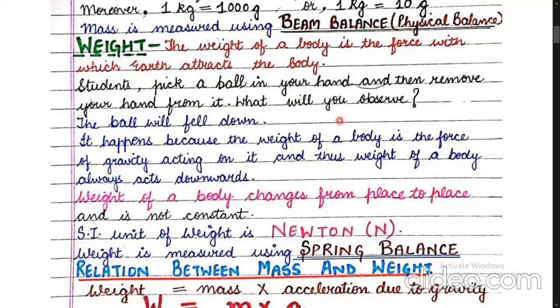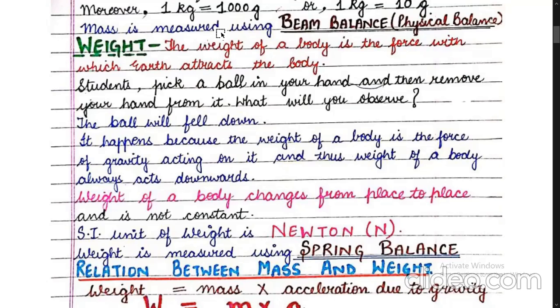Children, kindly pick a ball in your hand and then remove your hand from it. Suppose this is your hand. If you remove this hand, what will happen? The ball will fall down. So why has the ball fallen down? Children, it happens because the weight of the body is the force of gravity acting on it.